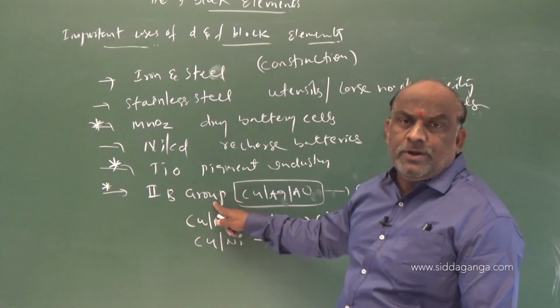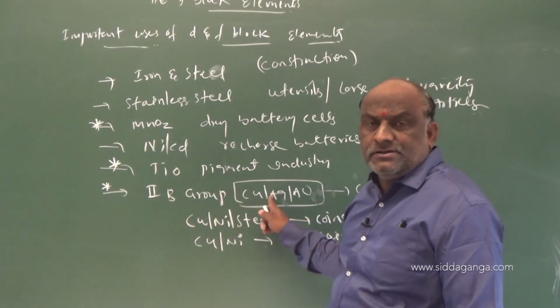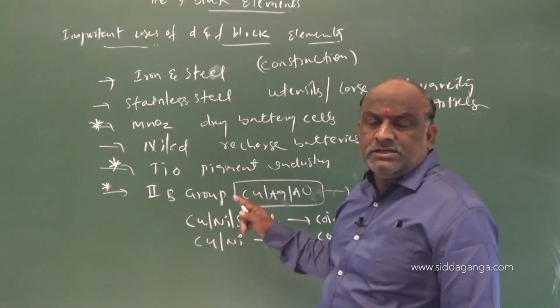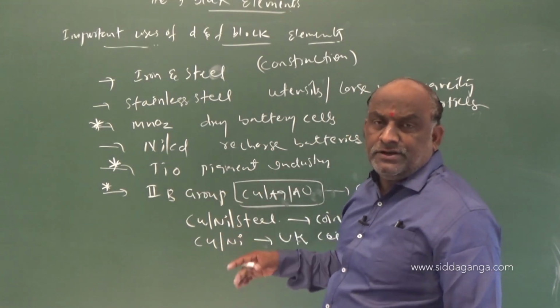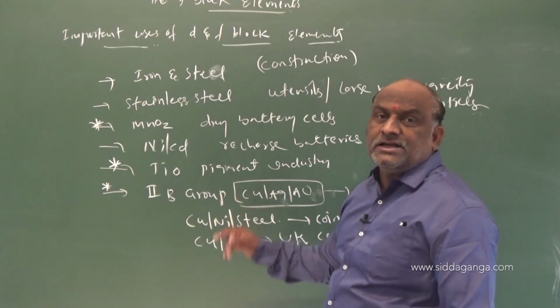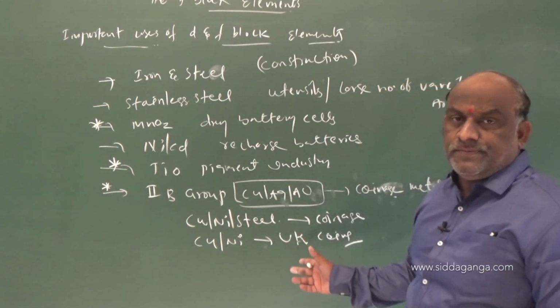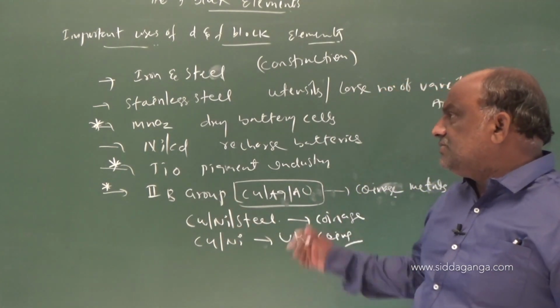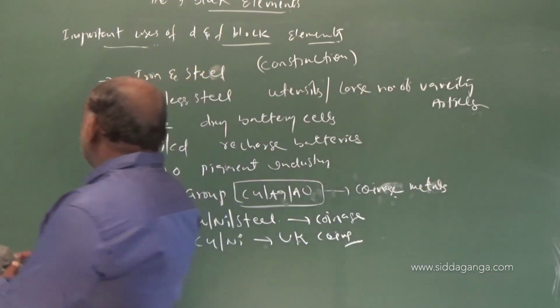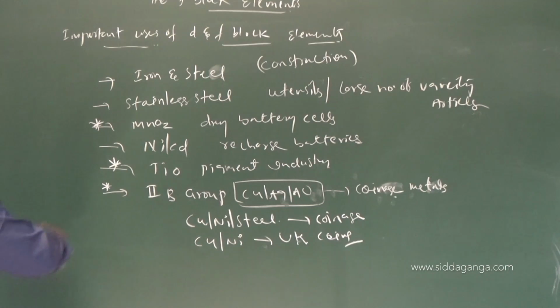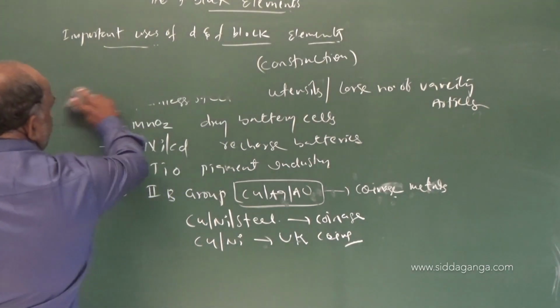The 2B group elements are called coinage elements. Nowadays silver and gold are restricted to collection of items. Instead of that, we can introduce nickel, which is considered as UK copper coins. This point was there in your text, so you should read that text. And some more important points are there regarding these D and F block elements.